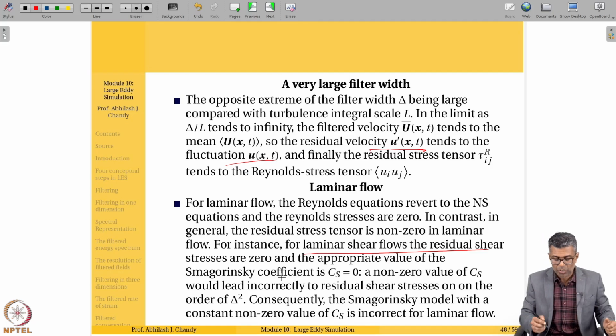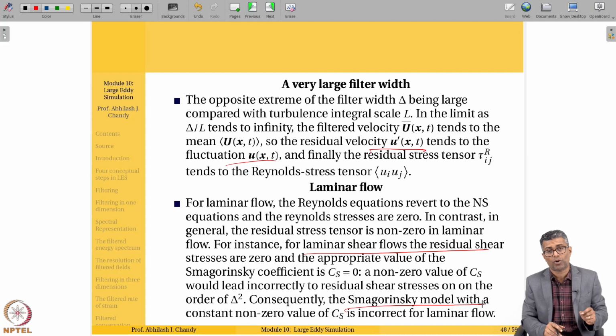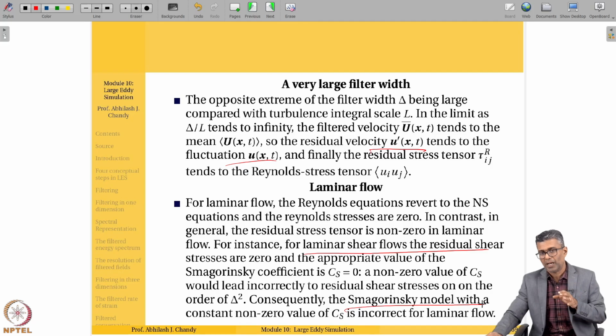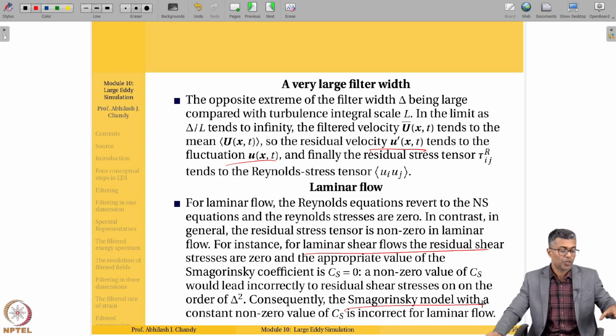Consequently, the Smagorinsky model with a constant non-zero value of C_S is incorrect for laminar flow. So that's one limitation. Now, this would all be alleviated if you use a dynamic version of the Smagorinsky model, because C_S squared is calculated dynamically based on certain equations, and most likely C_S squared would be equal to 0 in a laminar flow. When you apply C_S equal to 0.17, that is never the case, right?